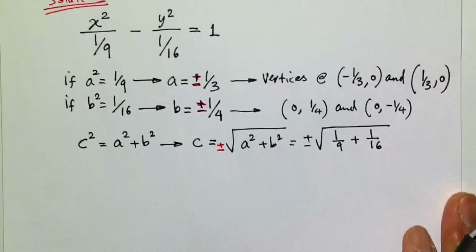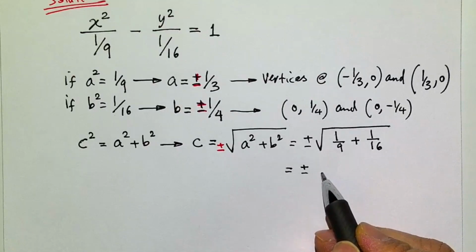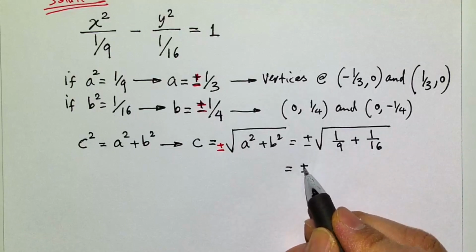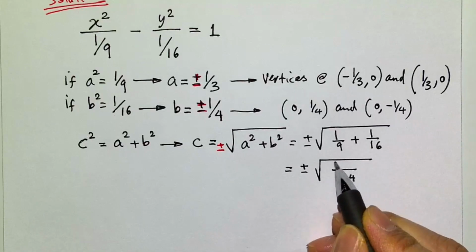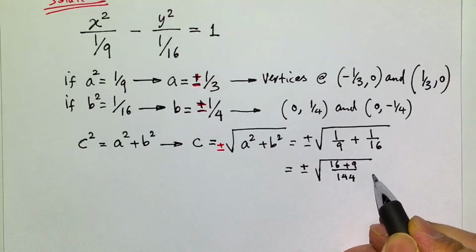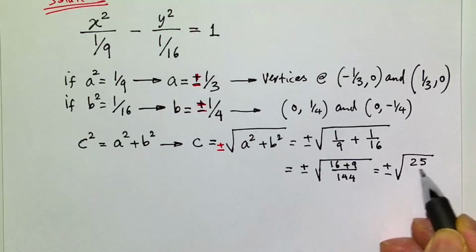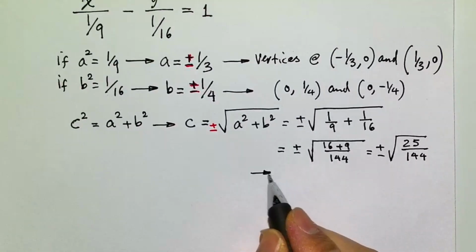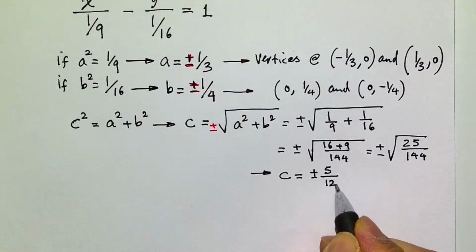And then if we take the common denominator of what's inside, we will get, I believe, 9 times 16, so this will be 144. And then we have 16 plus 9. So we'll end up with plus or minus the square root of 25 over 144, so from that we know that c is equal to plus or minus 5 over 12.